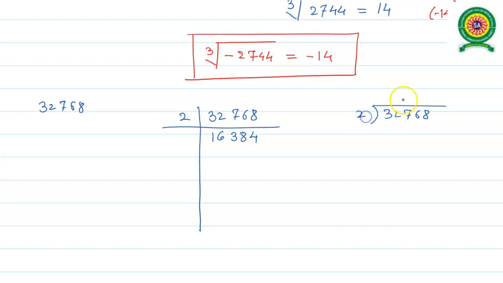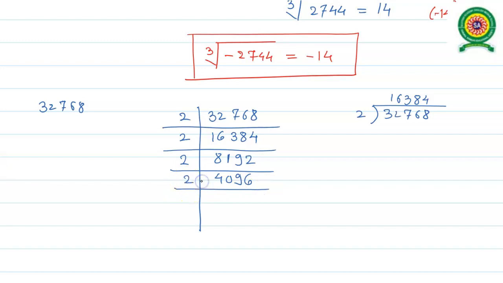32,768 you divide by 2. Definitely you will get the quotient 16,384. Again 16,384 is divisible by 2. 2 eights are 16, 2 ones are 2, remainder is 1, generates 18, 2 nines are 18 and 2 twos are 4. Again 8,192 is divisible by 2. 2 fours are 8, 2 zero, remainder becomes 1, 19, 2 nines are 18, remainder becomes 1, generates 12, 2 sixes are 12.